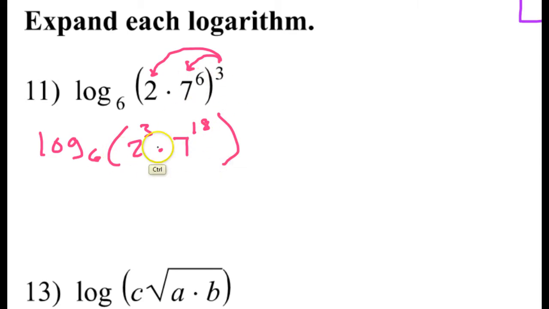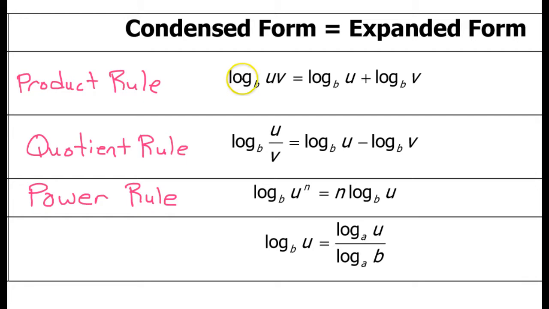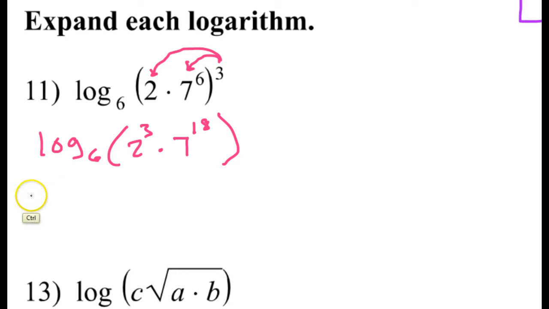All right, so now that we've done that, let's use the product rule. If I have the log of something times something, I can split it apart as the sum of 2 logs. So I could write this as the log base 6 of 2 to the third power plus the log base 6 of 7 to the 18th power.